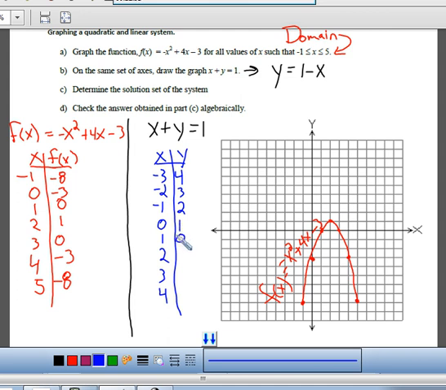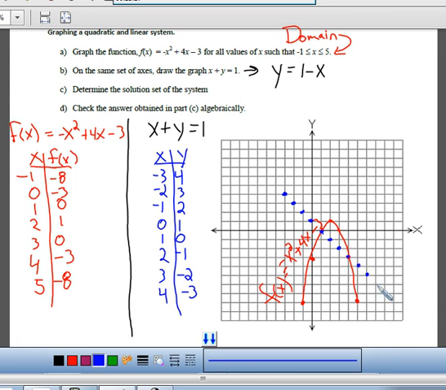So it's pretty simple to come up with your output or your y values. Plot your points. It's pretty easy to plot this.